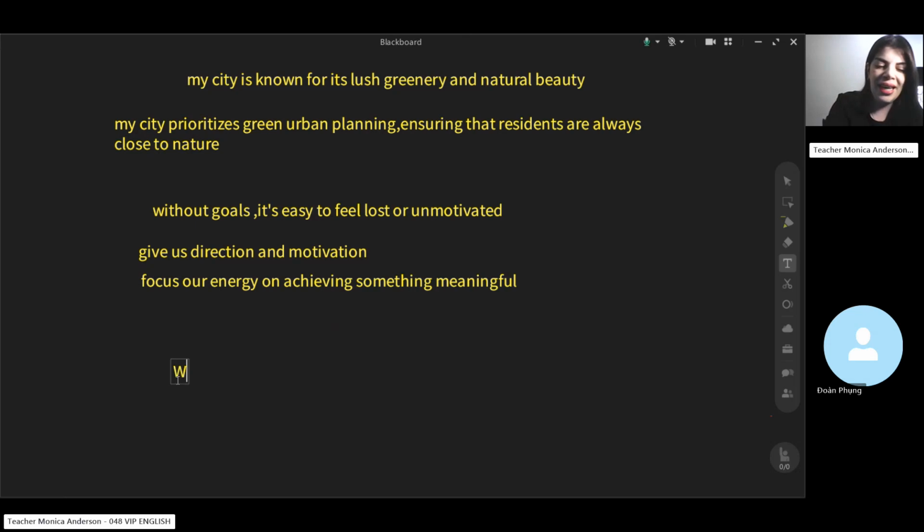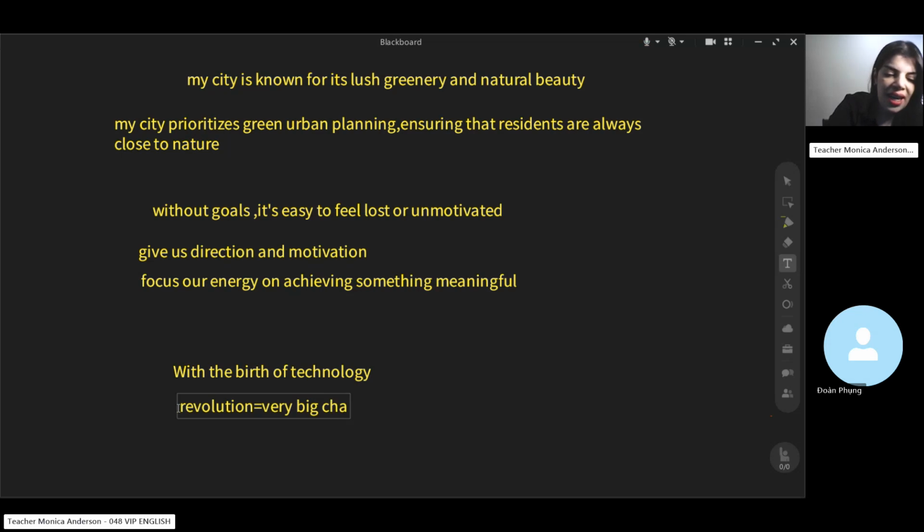With the birth of technology, it's your choice how to use it. The birth of technology was a revolution in human lives. Revolution means a big change, you know this. A revolution is a very big change in a positive way.